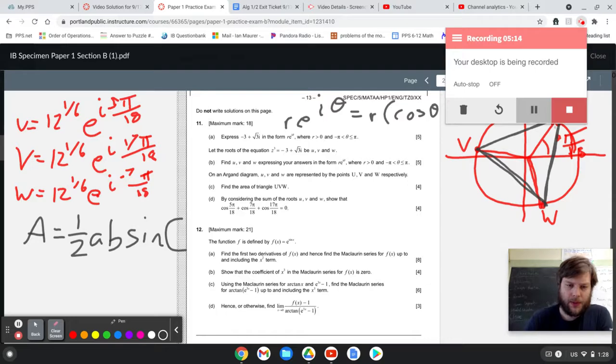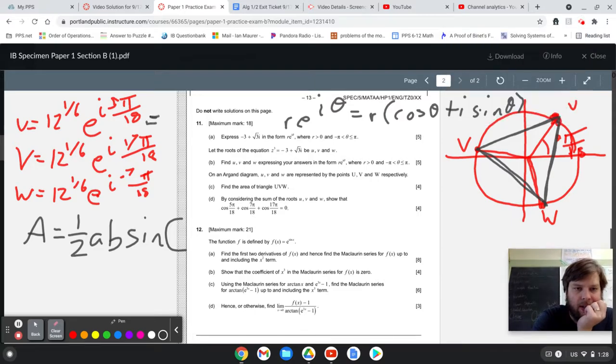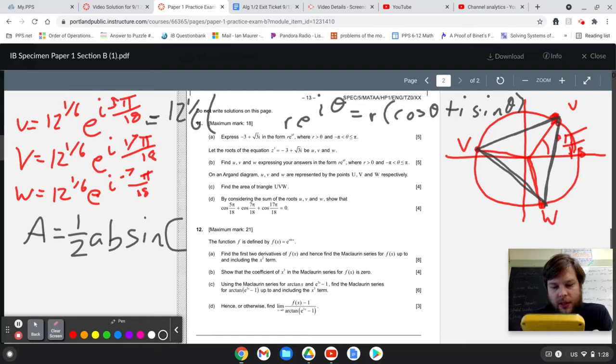All right, if we're trying to find the coordinates, we really only need two of them because it's equilateral. So let's just do U and V. Let's do the U here. I'm going to have 12 to the 1/6, and then find the cosine of 5 pi over 18.